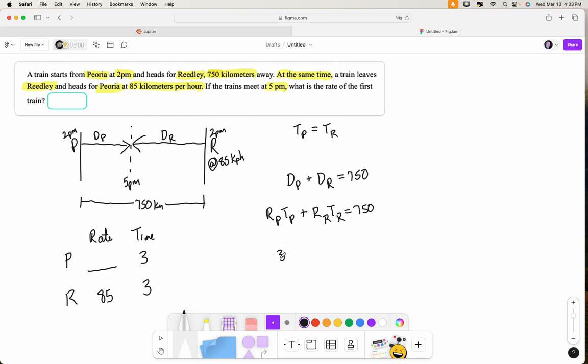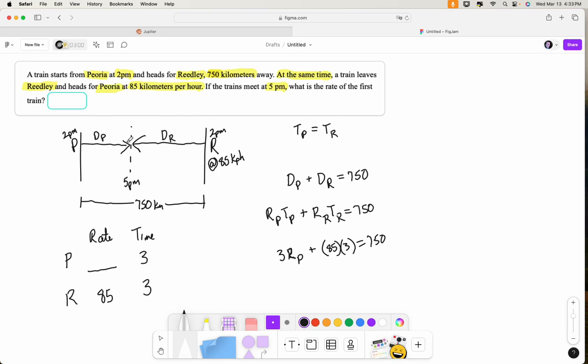So 3 times the rate of the Peoria train, that's an R, plus 85, which is the rate of the Reedley, times 3, which is the time of the Reedley, is equal to 750. So from here, I want you to solve it for this train. But this is how you're going to put it together.